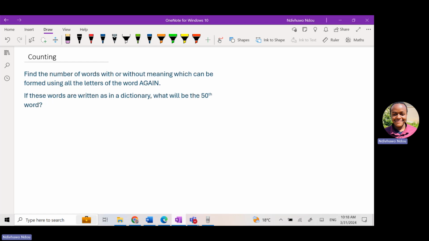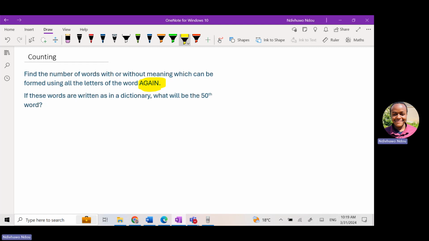Okay, so the question says, find the number of words, with or without meaning, which can be formed using all the letters of the word AGAIN. So we are given the word AGAIN, and they're saying use these letters to form different kinds of words. How many words can you form with or without meaning?